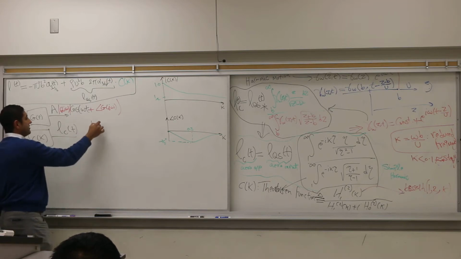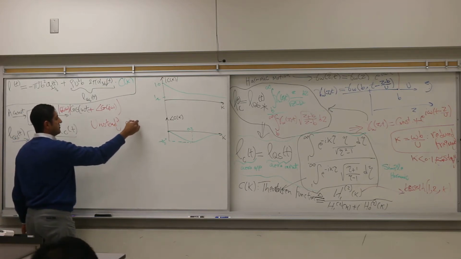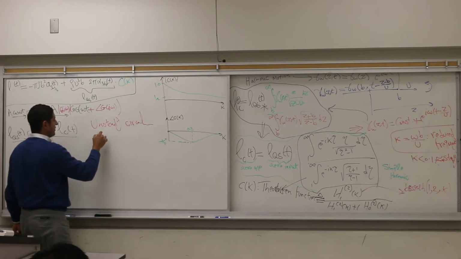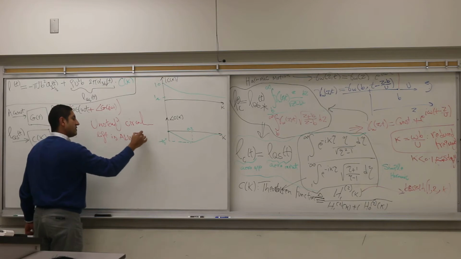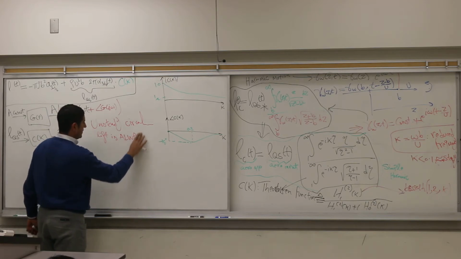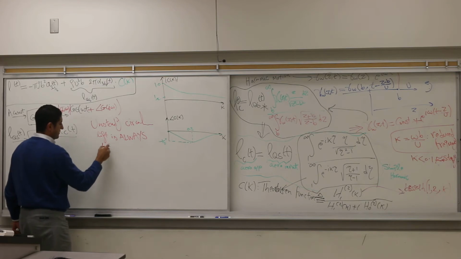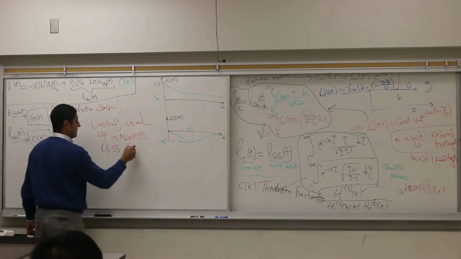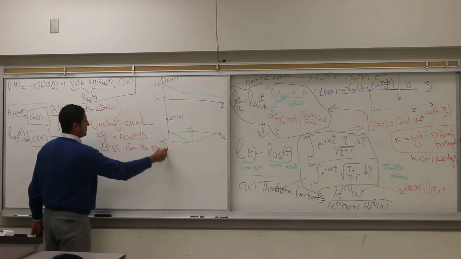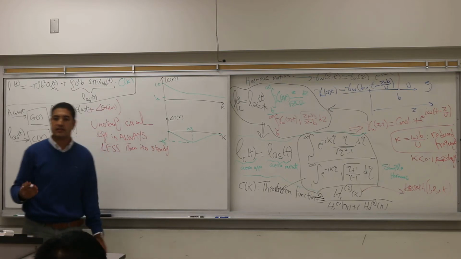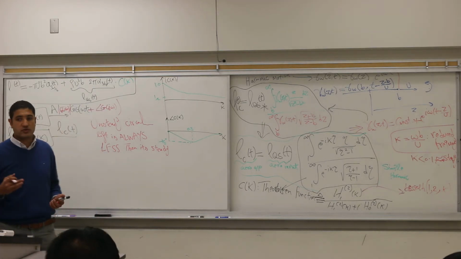So your unsteady circulatory lift is always less than its steady counterpart. This is a problem. Why? Because if you're designing something to operate unsteadily and you're expecting some lift variation, some lift amplitude, you will not get that.